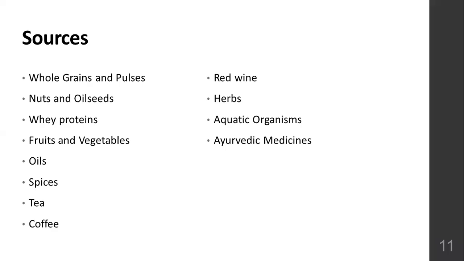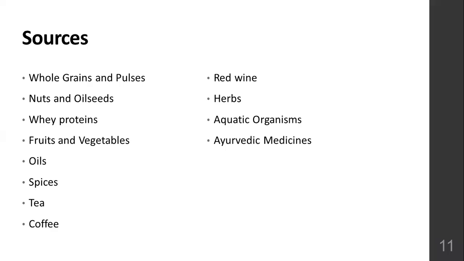Then you have oils: rice bran oil, which has the highest amount of antioxidants, palm oil, sesame oil, olive oil. So these are the seed oils, vegetable oils, which have good antioxidant capabilities among oils. Okay. Among spices, clove has the highest antioxidant level.